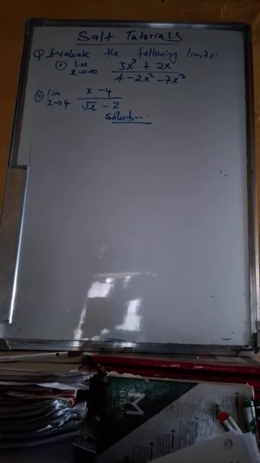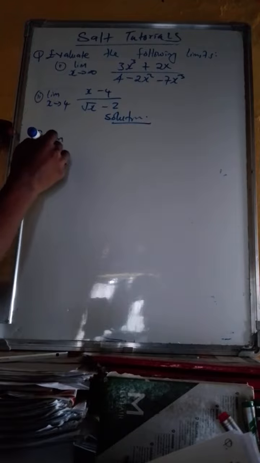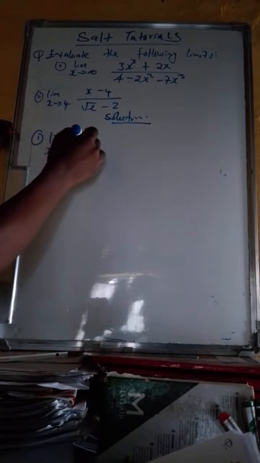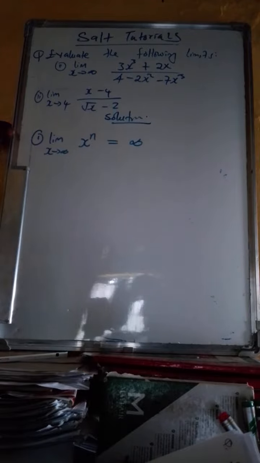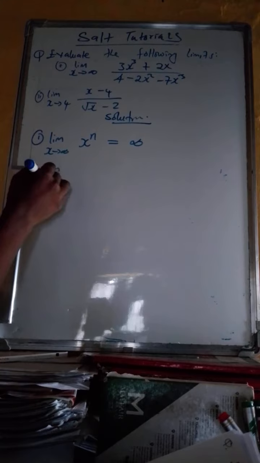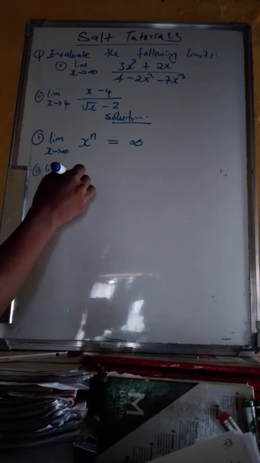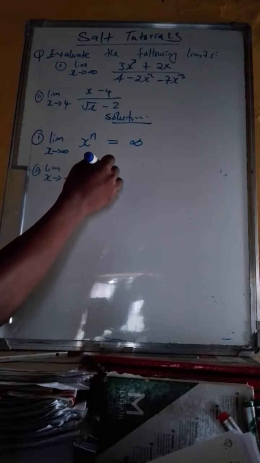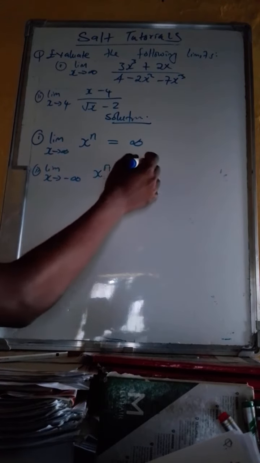When it comes to limits at infinity, take note of the following. Number one, the limit as x approaches infinity of x power n always equals positive infinity. Number two, the limit as x approaches negative infinity of x power n has two cases.